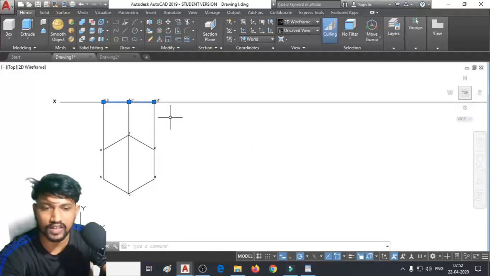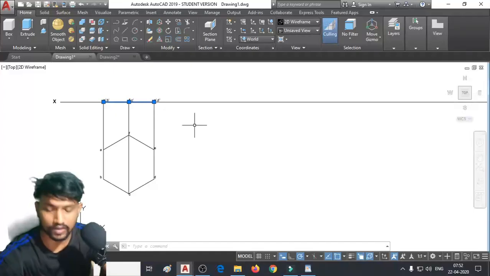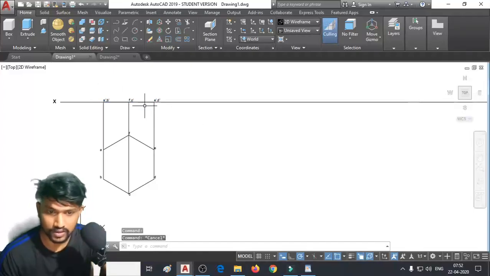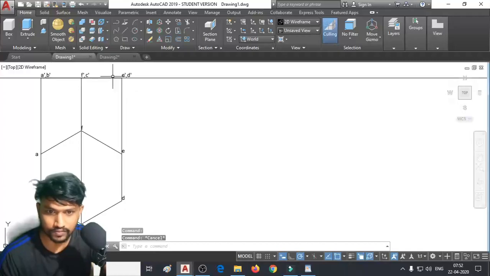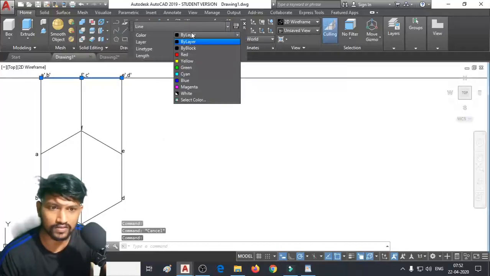If you get a straight line below the XY line, in the top view, then take the inclination made by this lamina with the vertical plane initially, so that you can solve the problem very easily. We are not here to complicate the problems, and that's the procedure too. I'm going to mark this line with a different color, say blue.